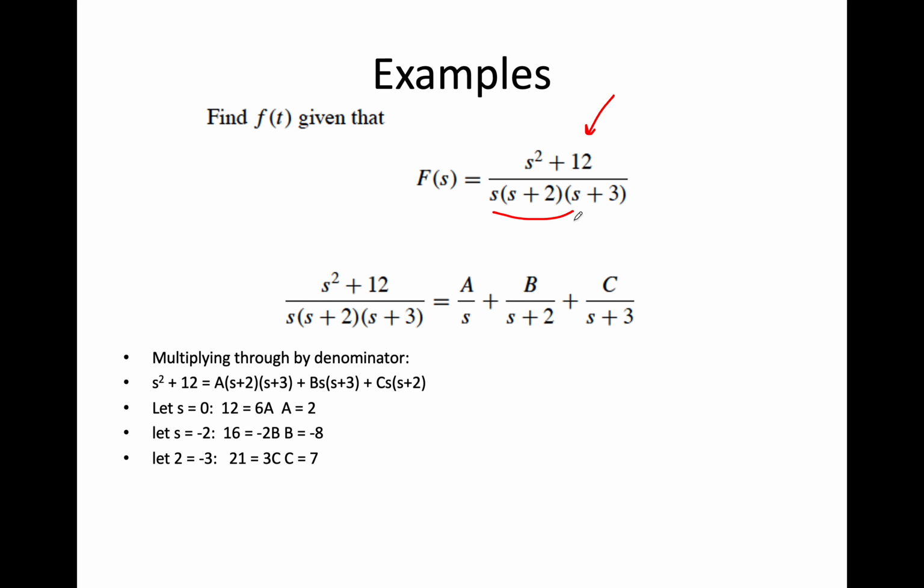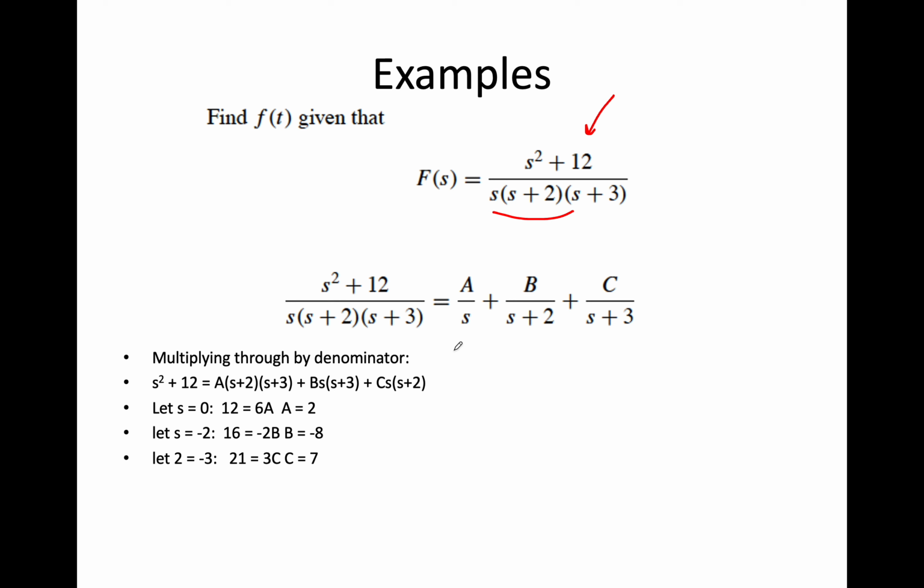So we also check to make sure the numerator is of lower order than the denominator. And by the way, when this denominator was factored, the highest order term would be s cubed, and that would be multiplied by 1. So that's how you need to manipulate the function to get it to this form. Now once we have it in this form, what we're going to do in partial fraction expansion, and I'm sure most of you have seen this, is go over in a pretty fundamental way what you do here.